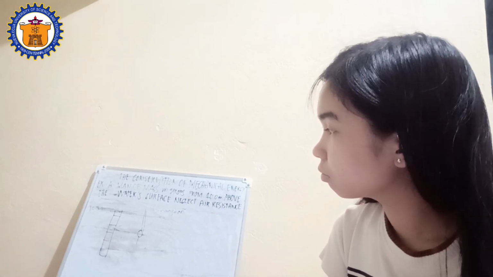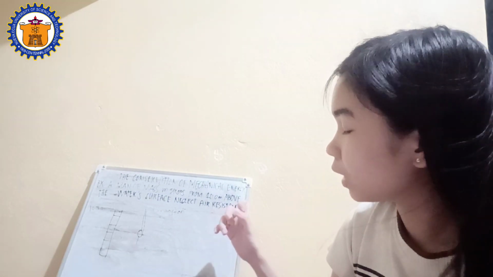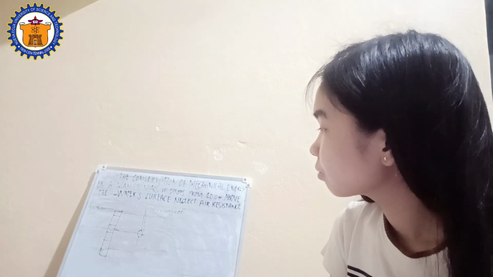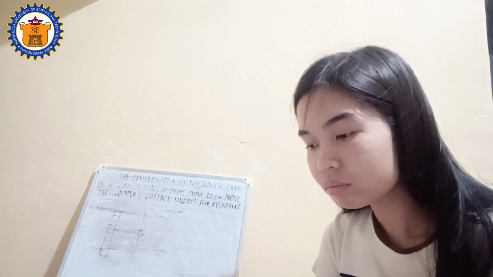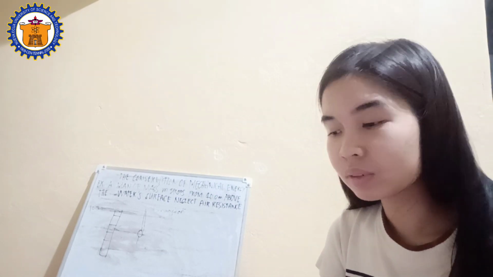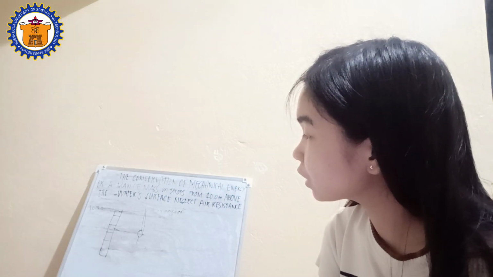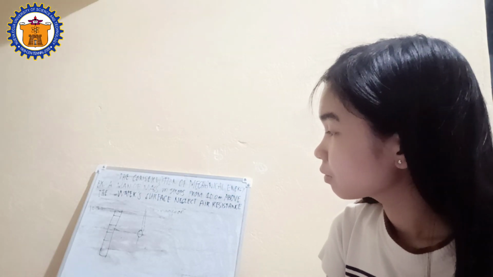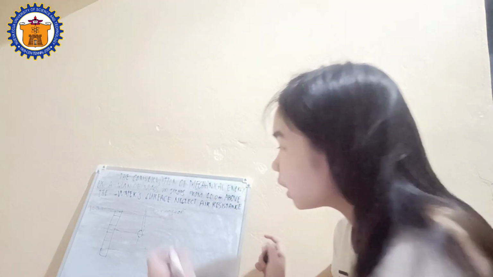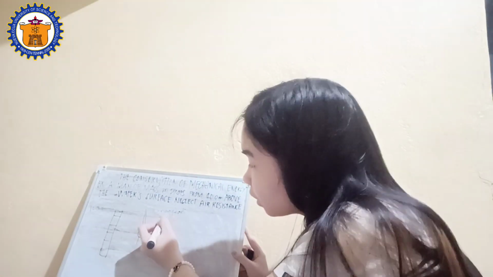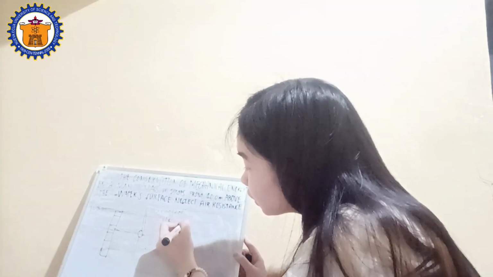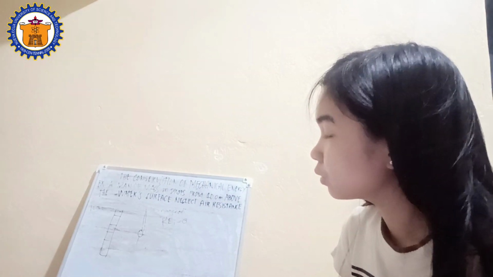And mayroon din tayong given na position which is 5 meters. Kaya naman, mapapansin natin na unknown din yung final potential energy. Kaya naman, since dito siya nag-start, initial kinetic energy natin is equal to 0.